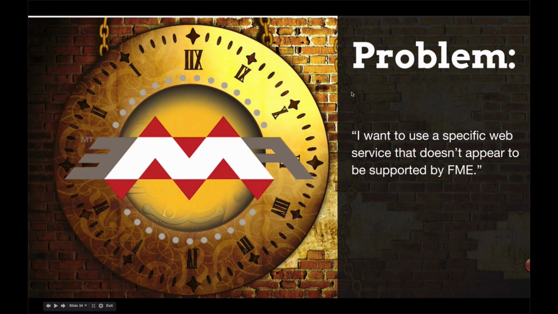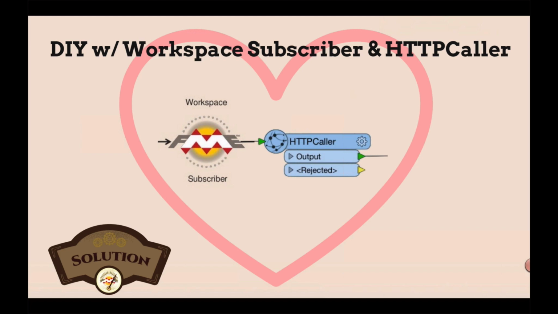I am, and really speaking to what you said, I want to use a specific web service that doesn't appear to be supported. So Twilio isn't a proper subscriber. It is something we'd have to build in. Yeah. And really, it's the combination of the Workspace subscriber and the HTTP caller that have now made it possible to basically use web services and to build new subscribers on top of those.